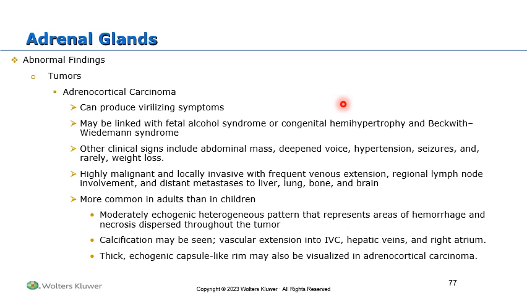These are highly malignant and locally invasive, and so they can basically work their way through all the layers, and some of their symptoms could be related to not just the reticularis layer, but the other layers as well. They're more common in adults than children, and they are rapidly and aggressively growing, so they can metastasize quickly to liver, lung, bone, and brain, as well as lymphatics.